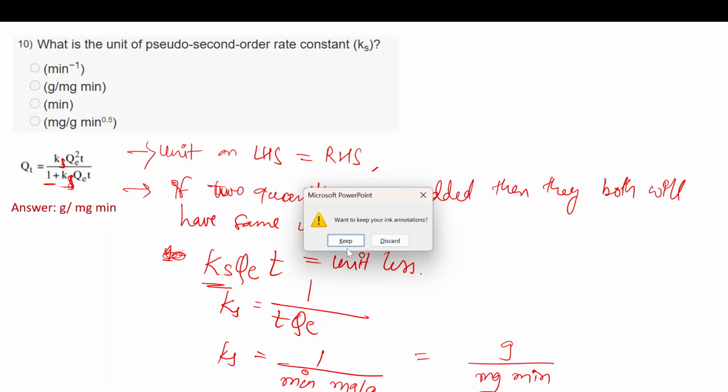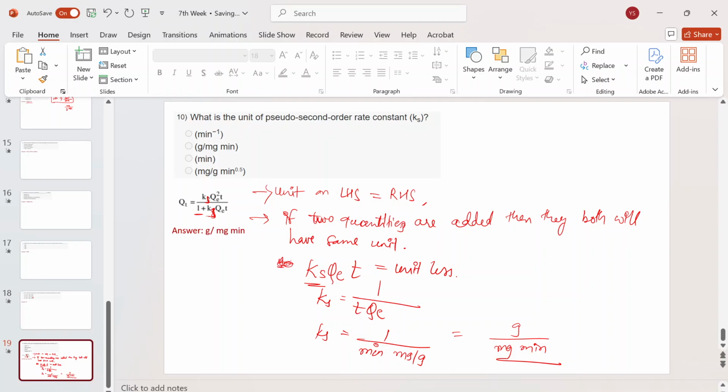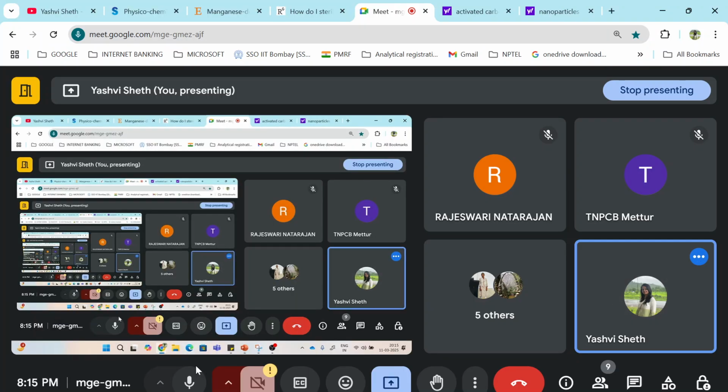Are you able to do this? Yes. Okay, so I hope it's clear. I will be around for 10 to 15 minutes more. If you have more doubts, you can come forward. I will be back in a minute or two.